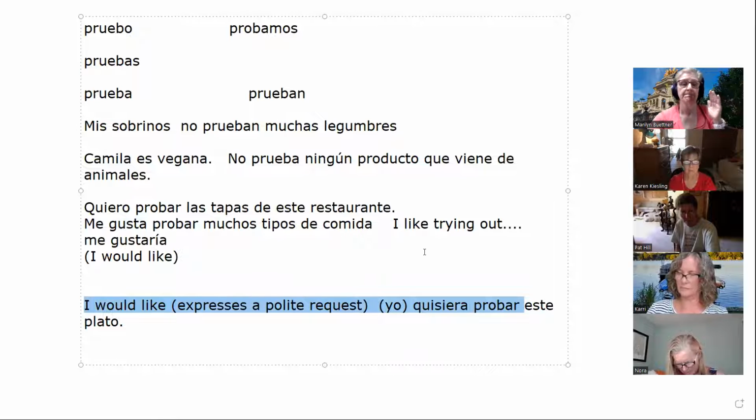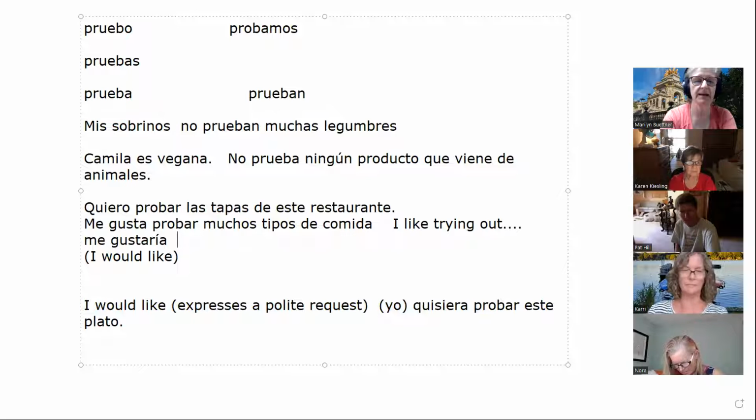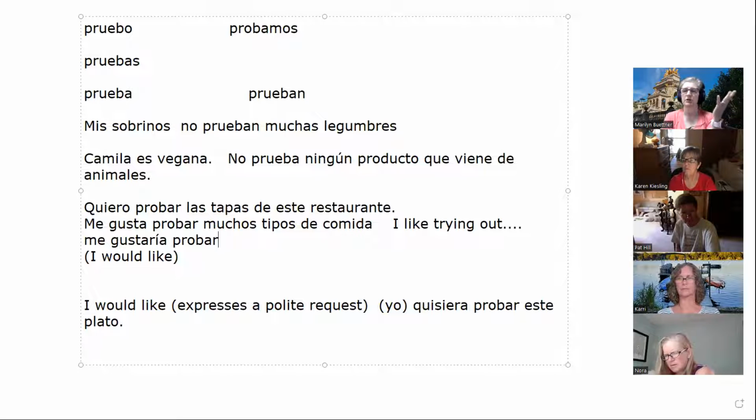Okay. Me gustaría probar would mean I would like to try, but you're not asking somebody to bring it to you. You're just saying what you would enjoy.